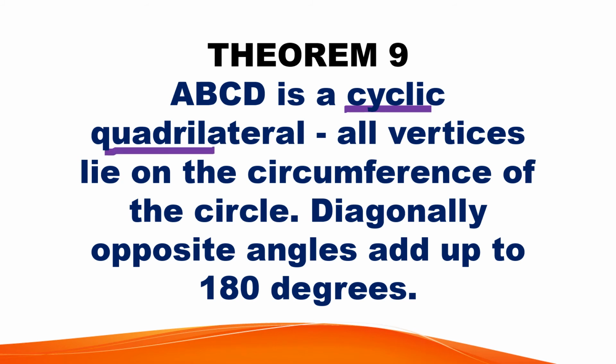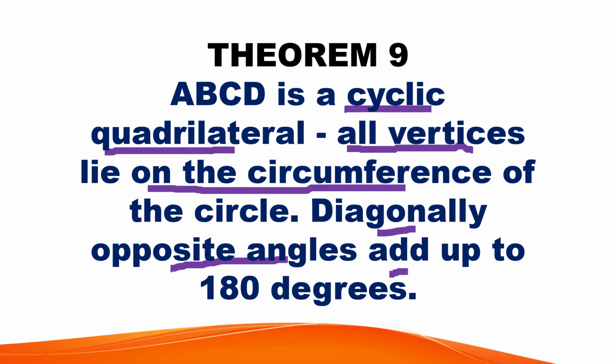Dapat daw, kailangan muna all vertices or lahat ng vertex niya lie on the circumference of the circle. So, bawat kanto nandoon sa circumference ng circle. And ito yung pinaka-importante. Diagonally opposite angles, pag in-add mo daw, it should be equal to 180 degrees.